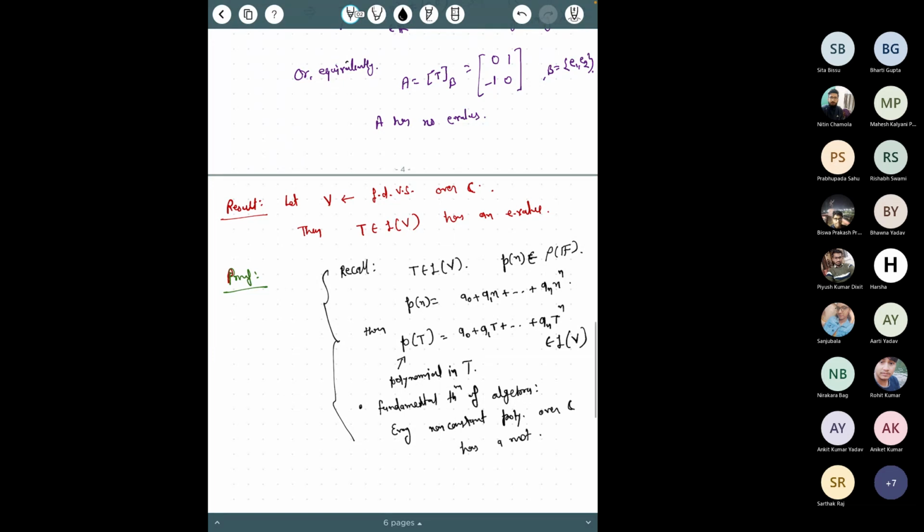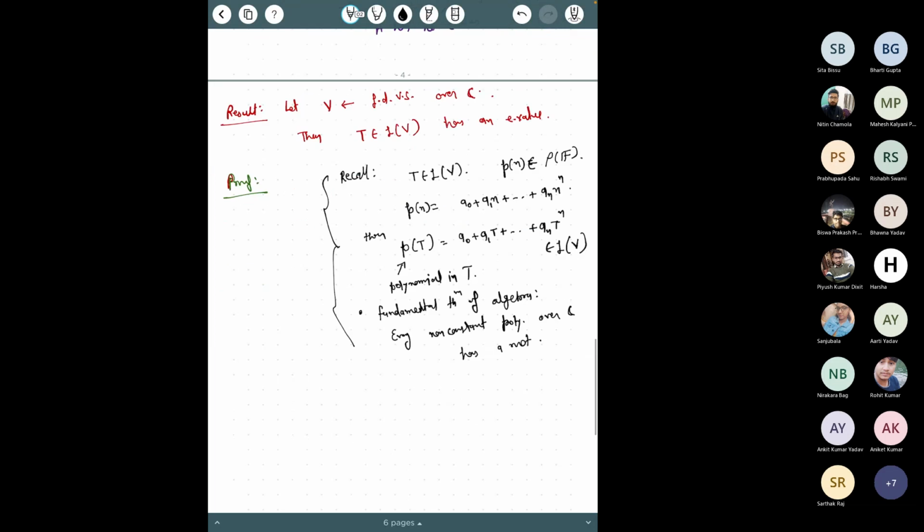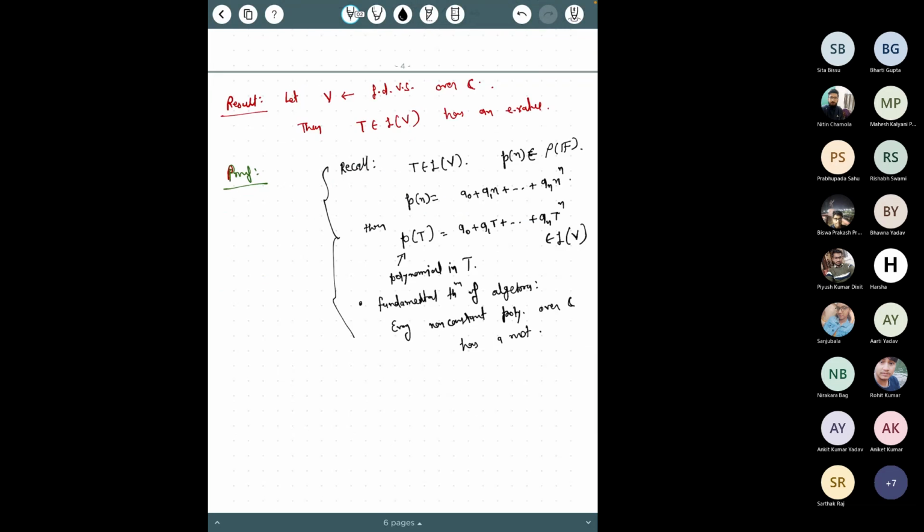Using this we will prove the result that every operator on a finite dimensional vector space over C has an eigenvalue. Okay, so we start the proof now.